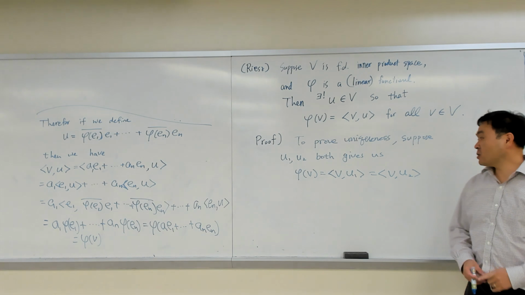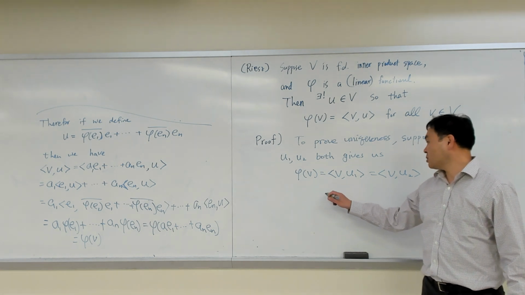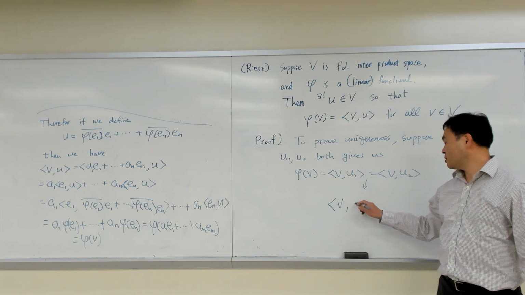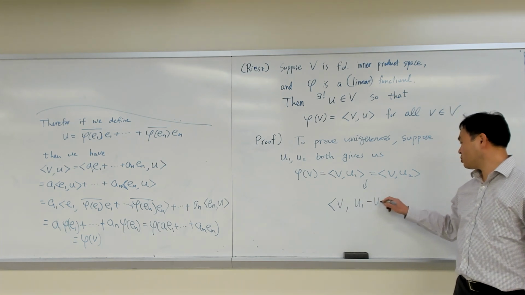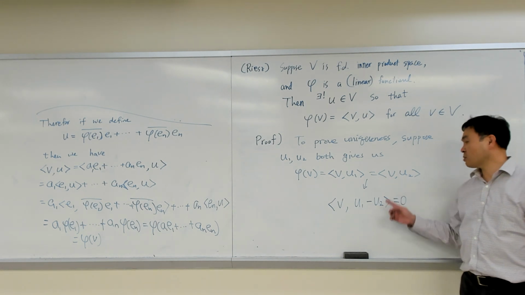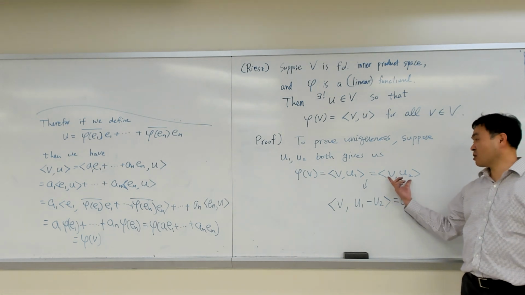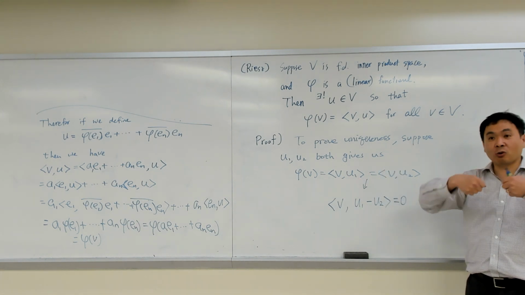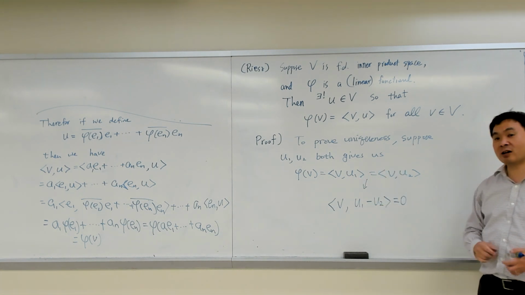So what we do is we can now take this one and rewrite it as VU1 minus U2 equal to 0. This implies this because of sesquilinearity. You can move this to the left side, and subtraction can go inside. So this is what you get.